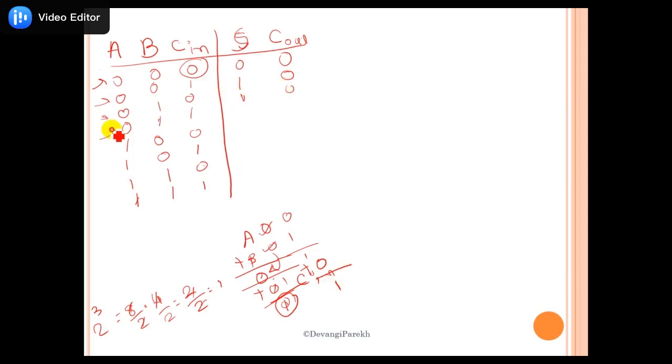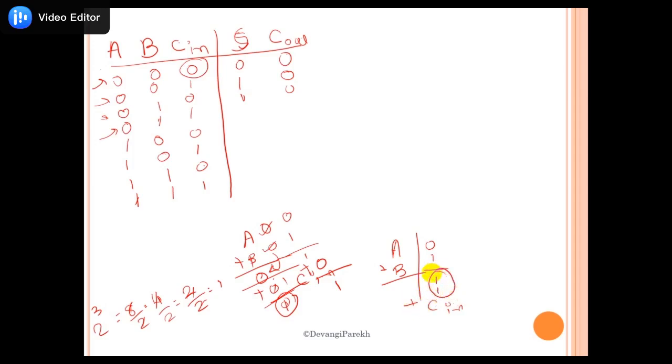Now for the fourth condition, our A is 0 and B is 1, and we are going to write the output and C in. So it will produce 1 as output, and again we have to add 1.